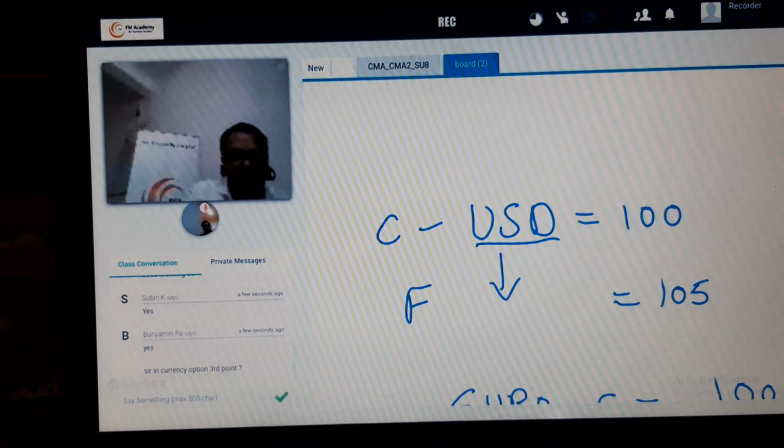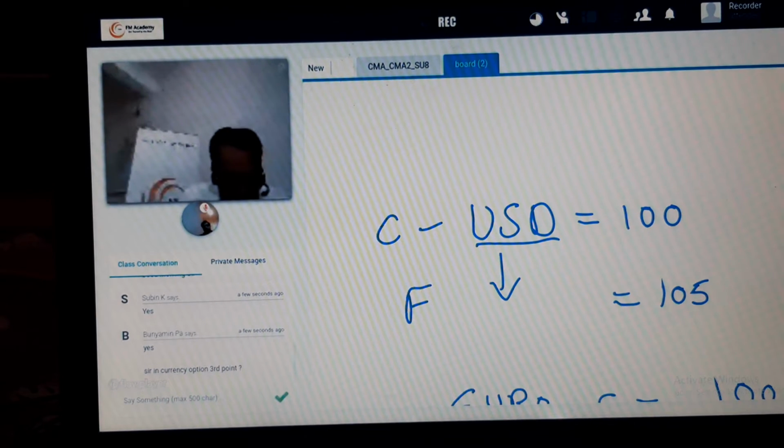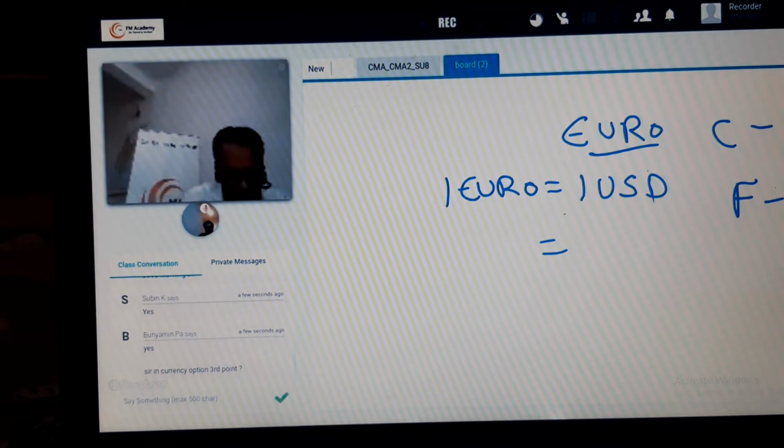Now this exchange rate is going to change by 0.9. Euro is going to depreciate. So €1, let's say there is a 10% depreciation.